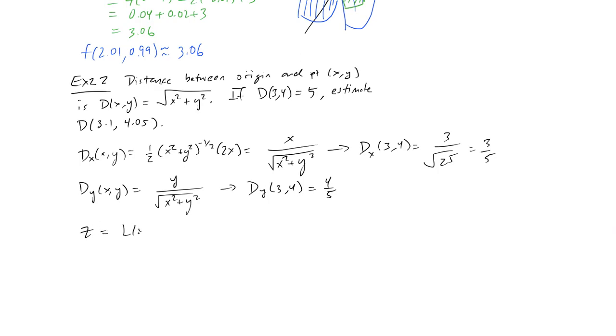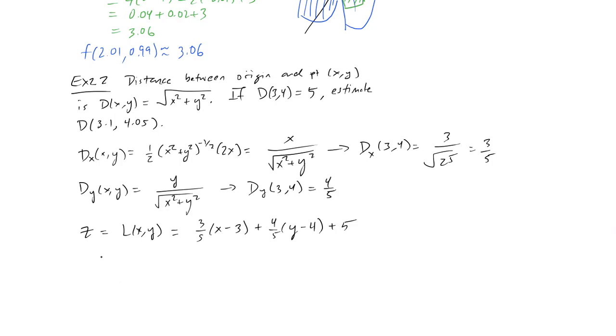Maybe I'll call it L(x, y) this time just to familiarize you with the notation. It is going to be 3/5 (x minus the x coordinate of the point, which is 3), plus 4/5 (y minus 4), plus the z coordinate, which is 5.